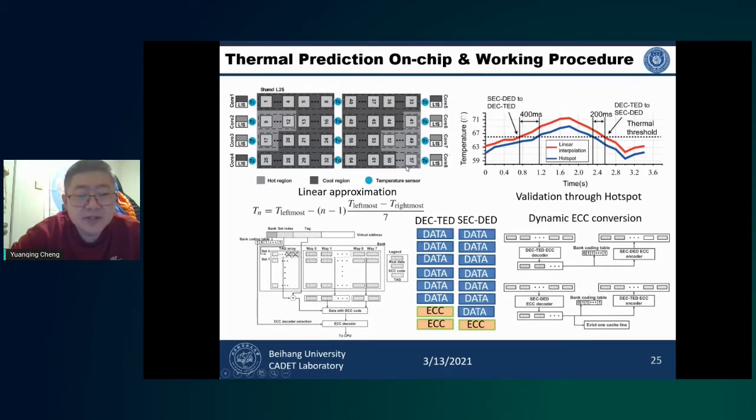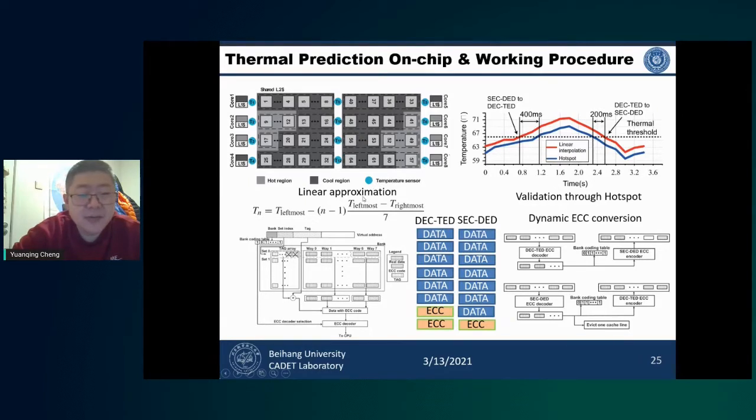To evaluate the cache bank temperature, we use a linear approximation. We assume that there are many thermal sensors embedded on chip to sense the microprocessor temperature. In fact, these embedded sensors have been employed widely in advanced Intel or AMD microprocessors.